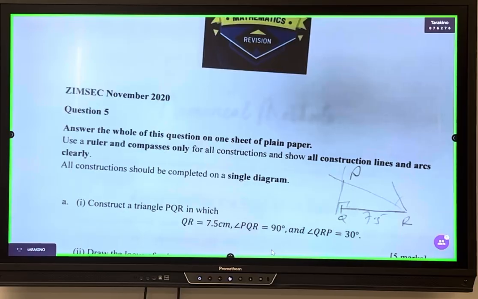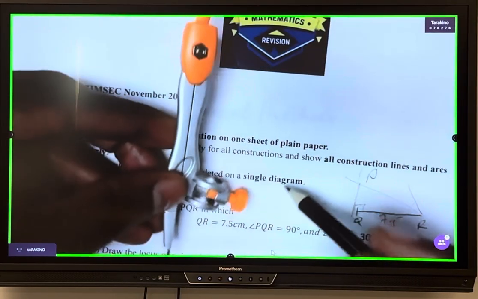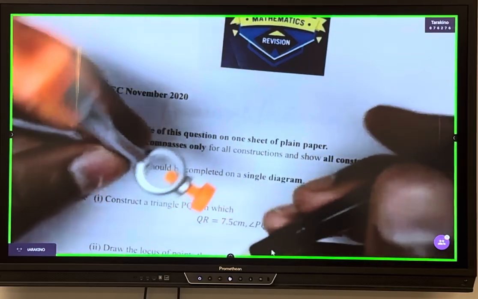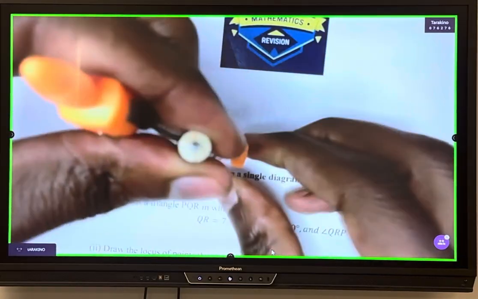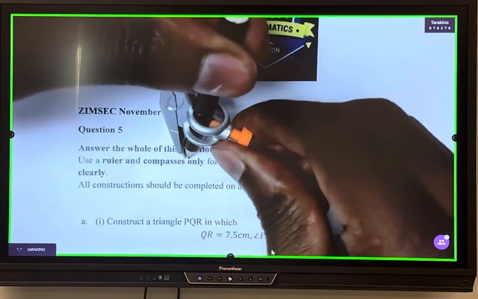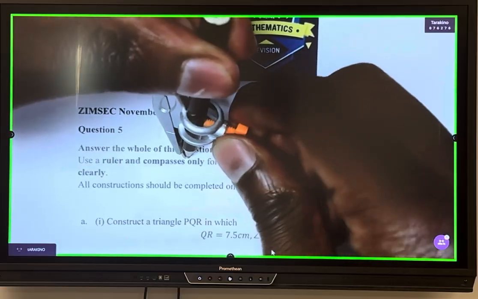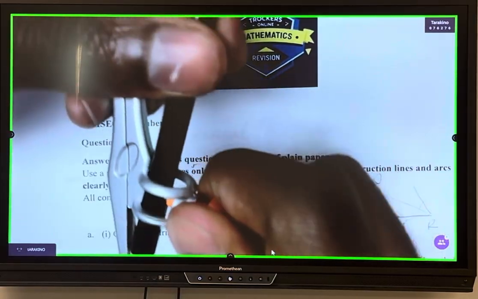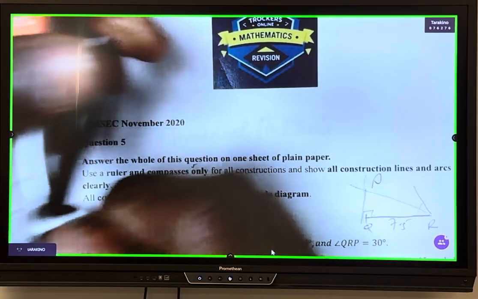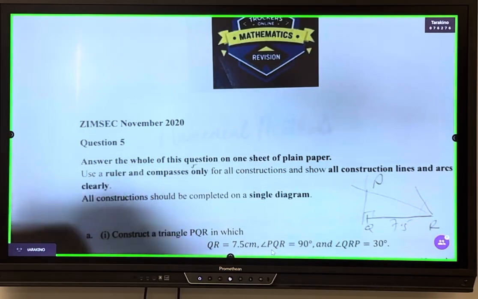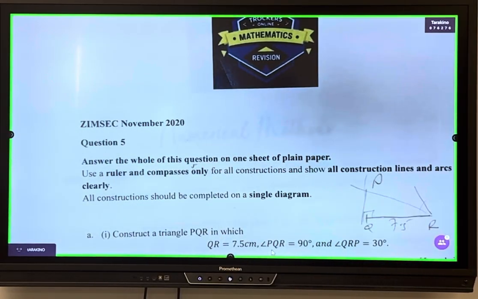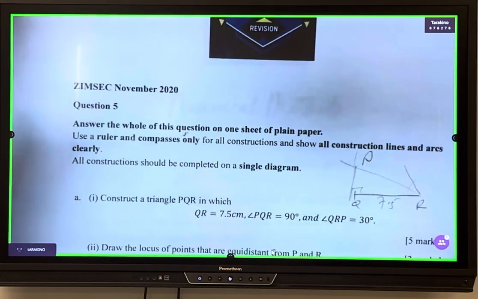So let's go ahead and get started. These are the instruments that you need. You need a compass, you need a pencil, so make sure you insert the pencil clearly. You also need a ruler. So let me get a sheet of paper.